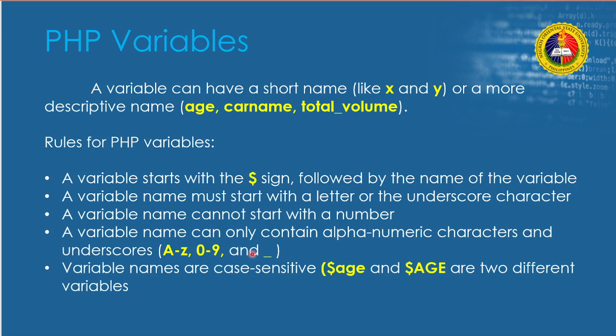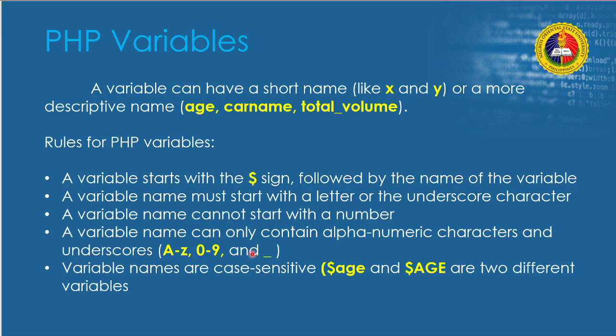Then we have another variable that contains just the number 5, and another variable that contains, let's just say, 4.10. That way we have different data types. So we know that the first two variables contain strings, the third variable contains an integer, and the fourth variable contains a float. So we'll try to output those.